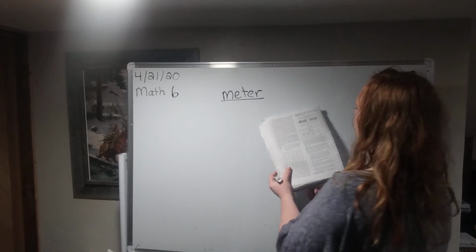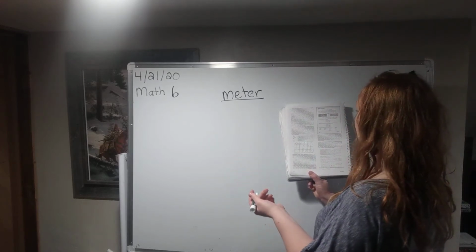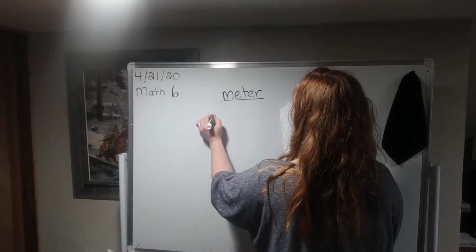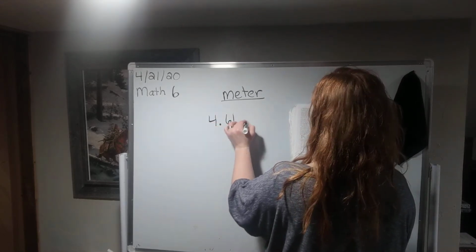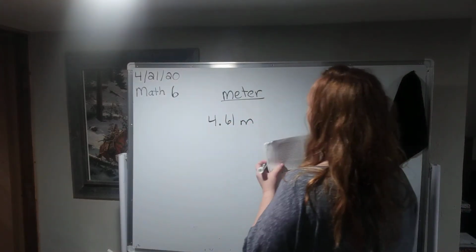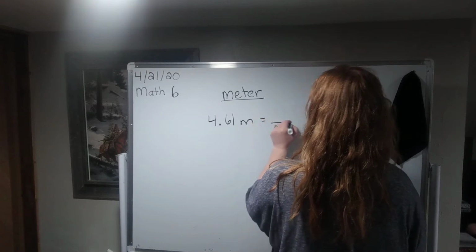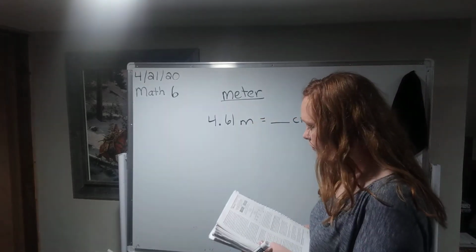Let's start with this one. Mr. Gibbons built a storage shelf in the garage. The shelf was 4.16 meters long. How many centimeters long was the shelf? So we have meters, and we're going to see how many centimeters it is.